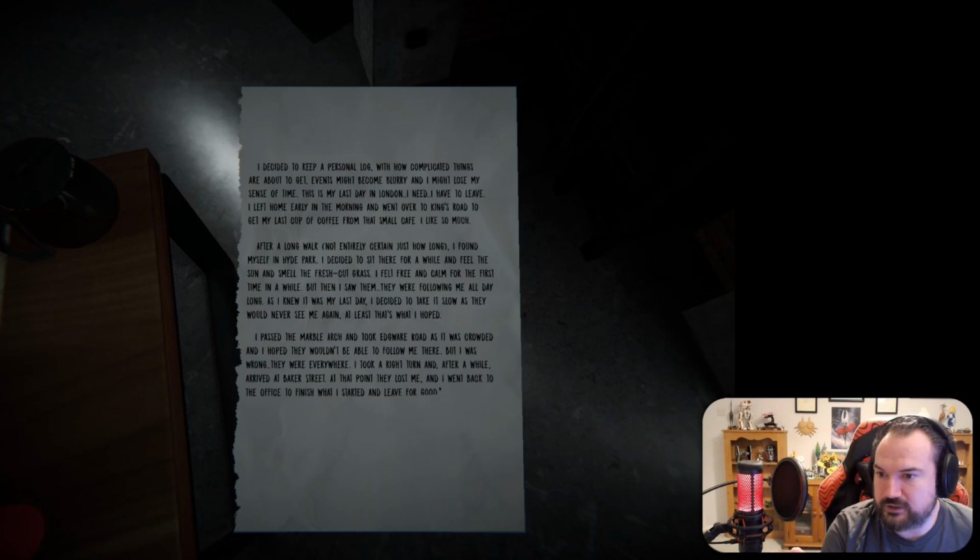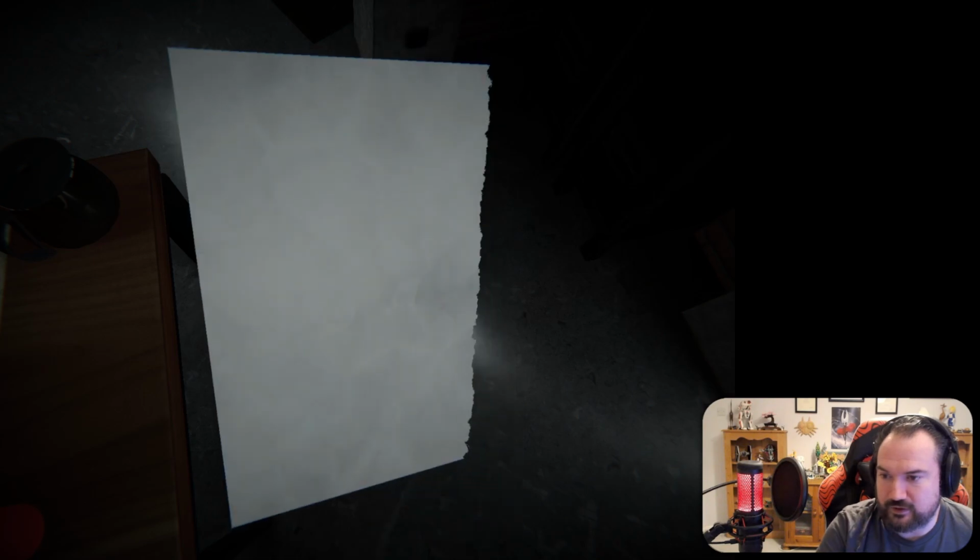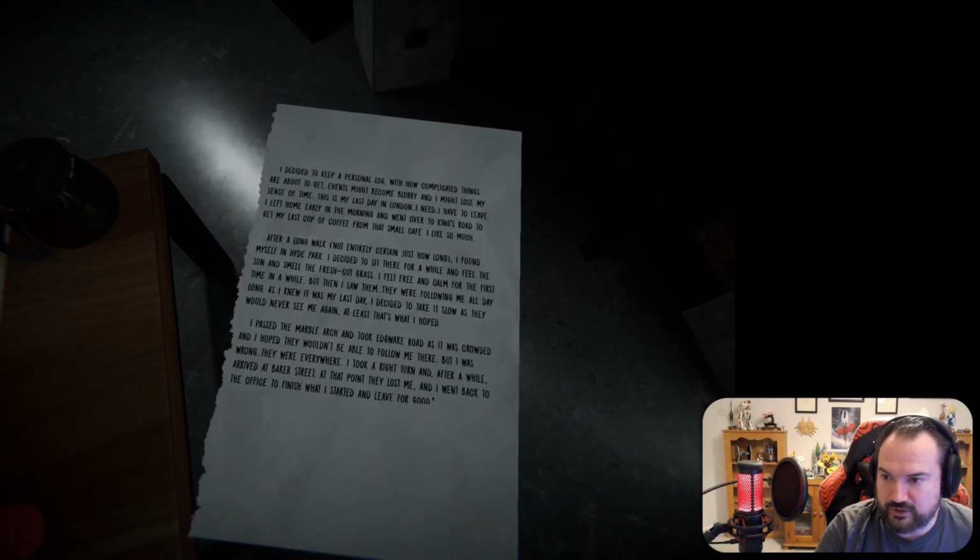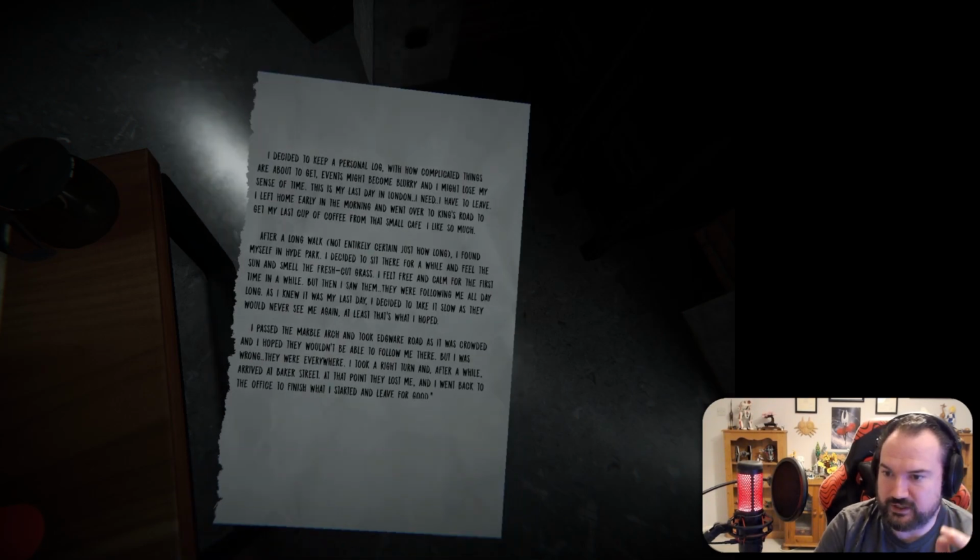I left home early in the morning, went to King's Road from the small cafe. Then he found himself in Hyde Park. Right, okay. So King's Road to Hyde Park. Past the Marble Arch and took Edgware Road. Took a right turn, arrived at Baker Street.